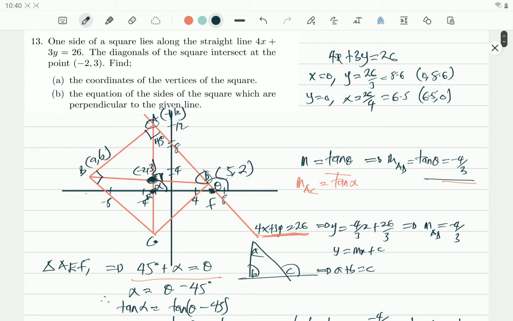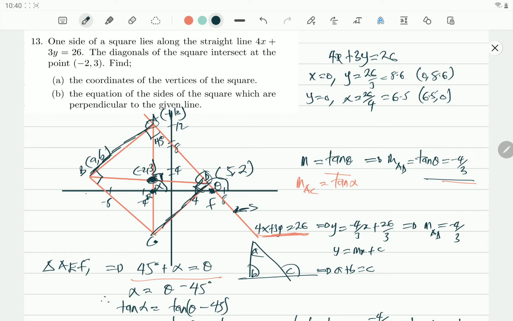So we found all the 4 points already, but there was a second question that we had to solve. The question says to find the equation of the two sides of the square which are perpendicular to the given line. If you look at the given line, the two lines that are perpendicular to it are the line BA and the line CD.